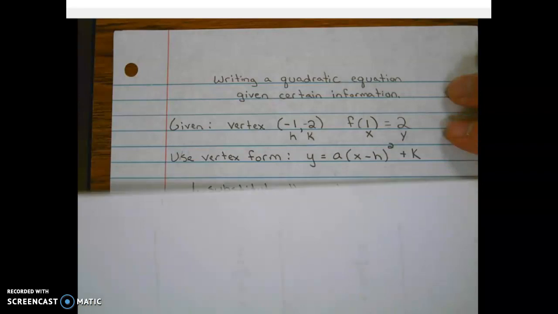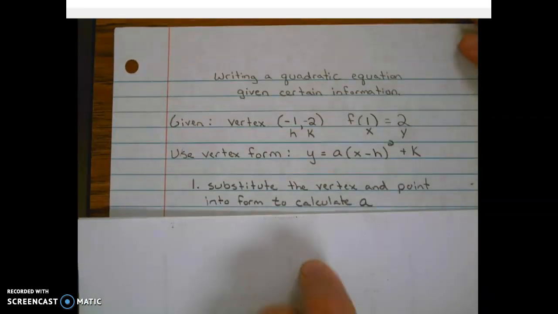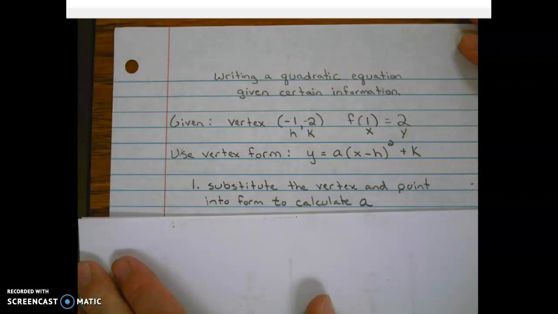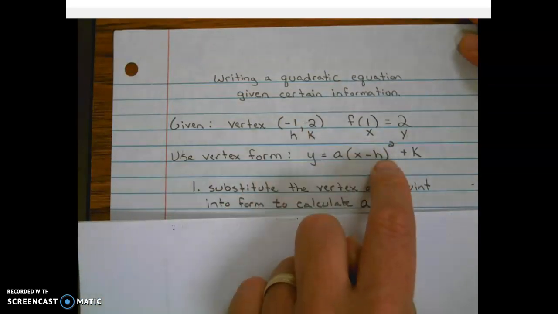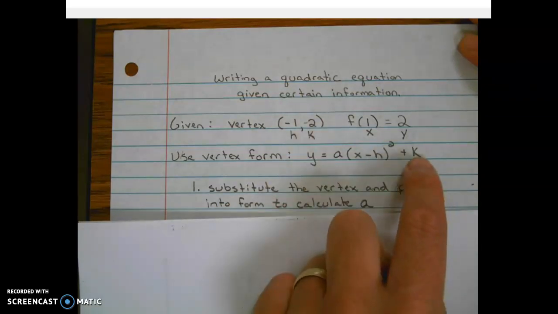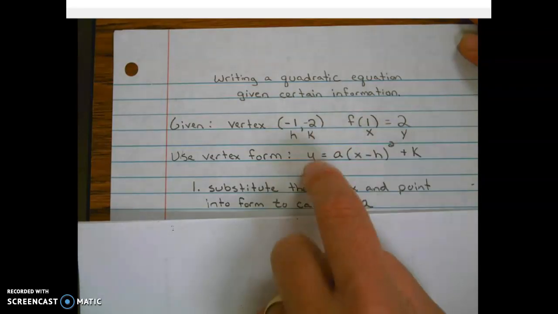So the first thing we're going to do now is substitute the vertex and point into this form, and we're going to calculate a. So we're going to plug -1 in for h, -2 in for k, 1 in for x, and 2 goes in for y.